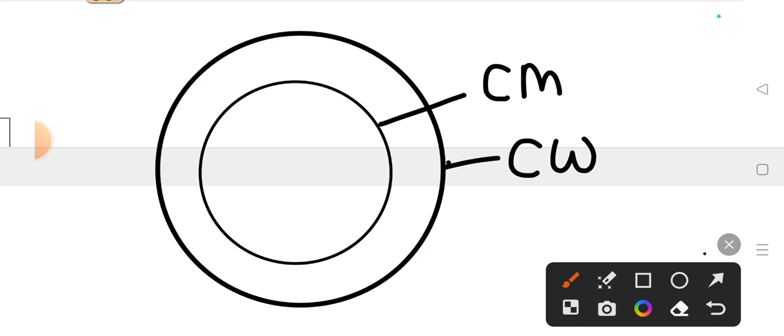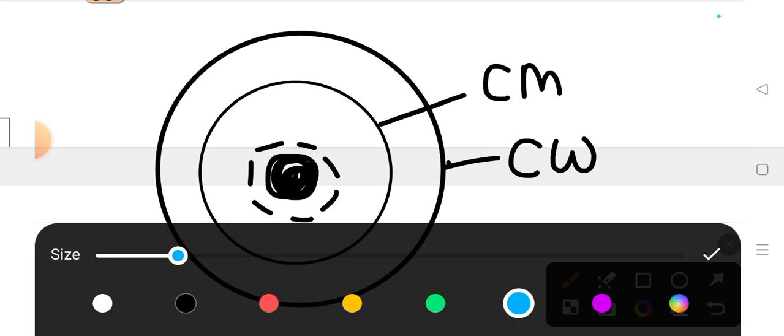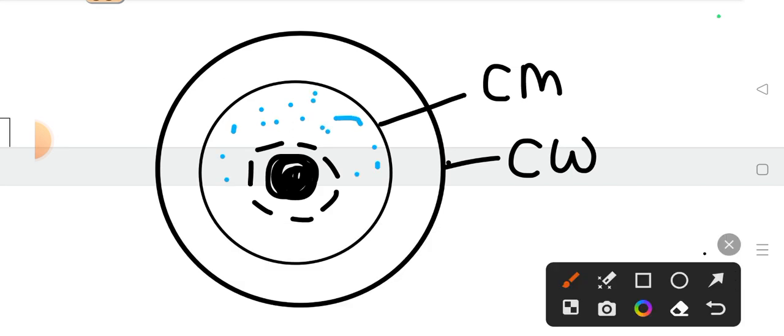And inside them, there is the nucleus. There is a small dense body known as the nucleus. That nucleus is separated by a nuclear membrane. Now there is one fluid. This is the fluid. It is cytoplasm.